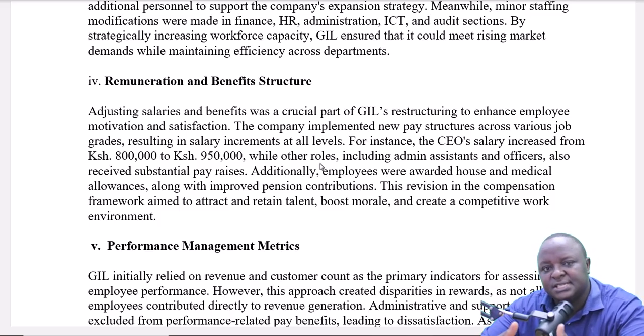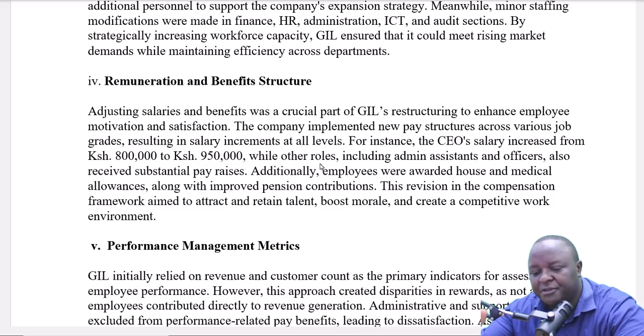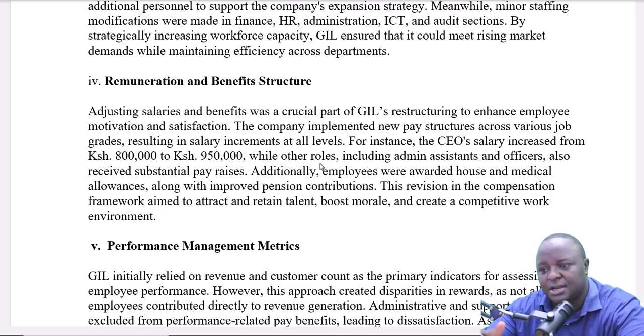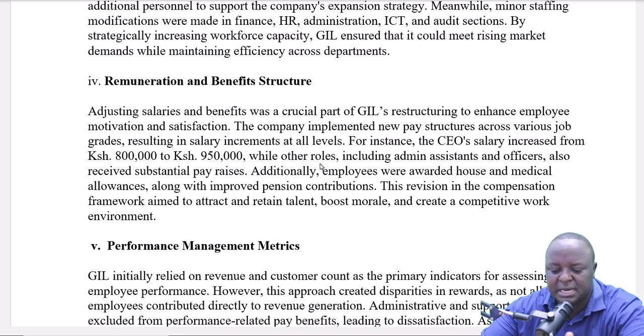For instance, the CEO salary was increased from 800,000 to 950,000, an increase of 150,000, while other roles, including administration assistants and officers, also got a substantial review of salaries. We saw the administration officer 2 being increased, I think, from 50 to 60, if I'm right.